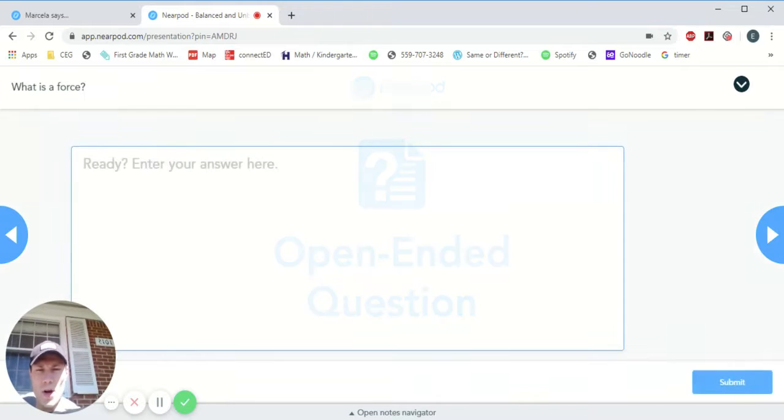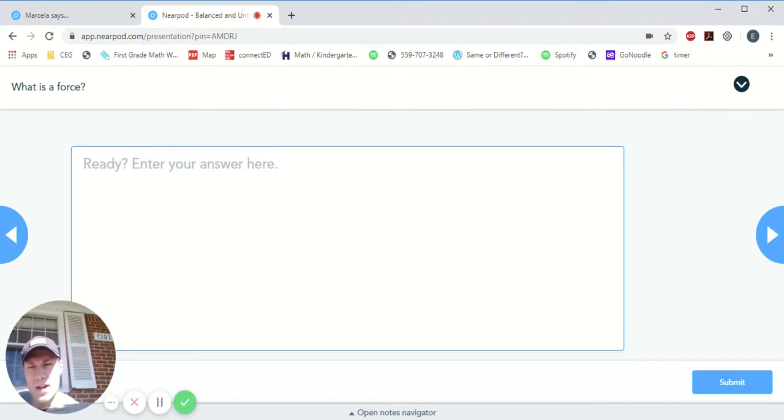Starting off, open-ended question. What is a force? So for you that are going to do it on your own, you'll type in the box, what is a force? I need you to think about force.